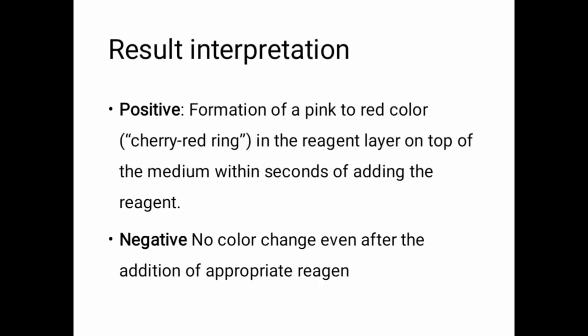A positive result is the formation of a pink to red color, called a cherry red ring, in the reagent layer on top of the medium, and that color is produced immediately, within a second. In case of a negative result, there is no color change even after the addition of the appropriate reagent.